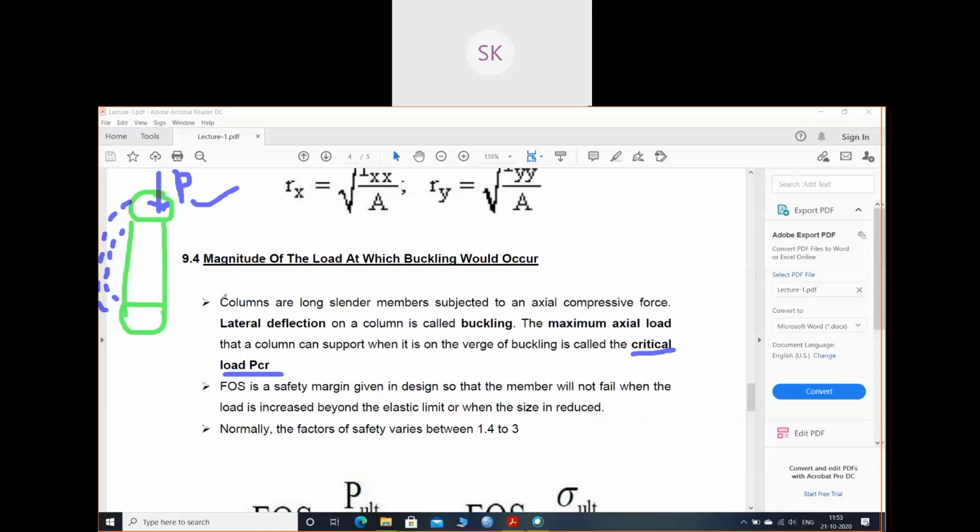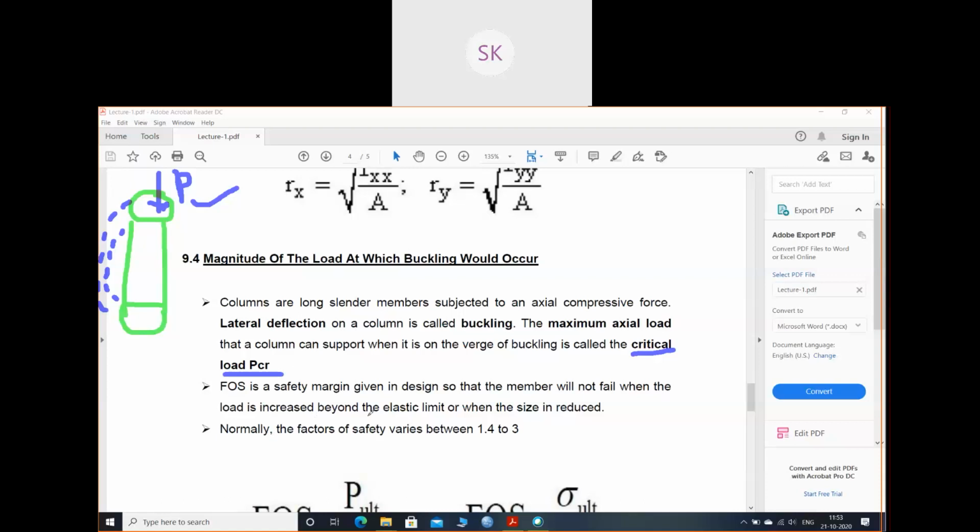Suppose this column can take 150 kilonewton, so we design with factor of safety of 2 or 3. That means we design with some more value. Suppose I'm designing it with factor of safety, I'm designing it with 180. So this is the safety margin.